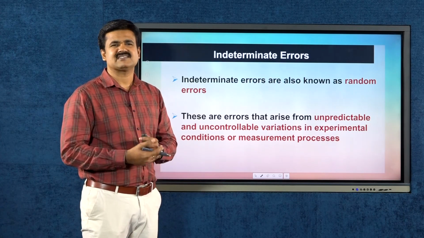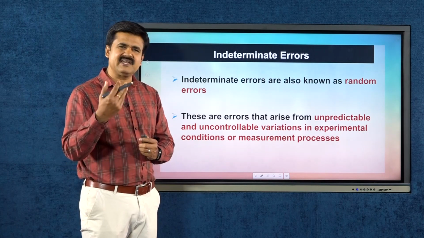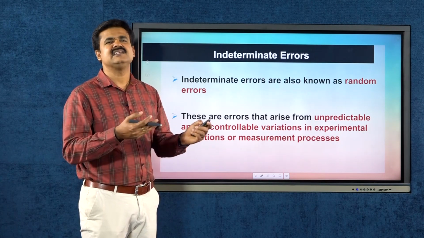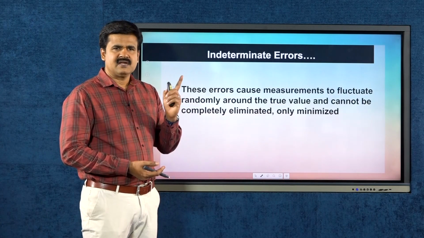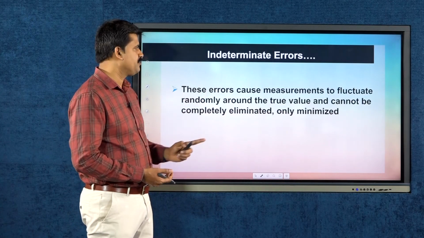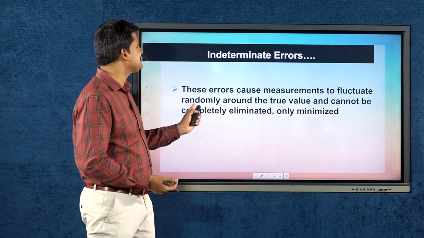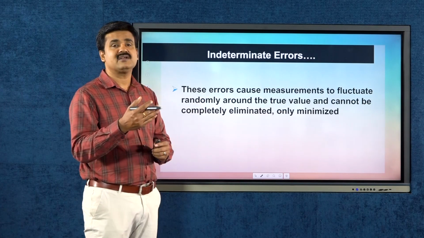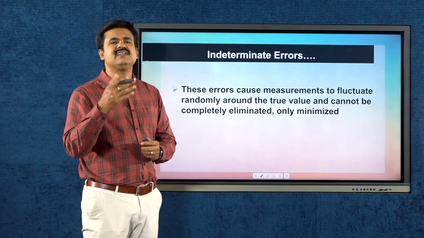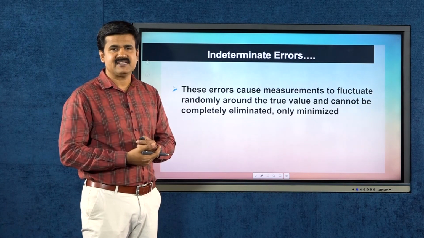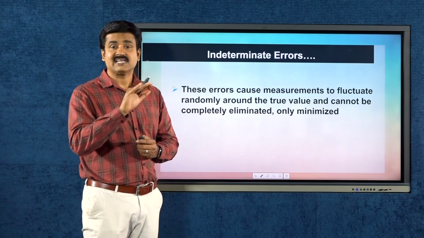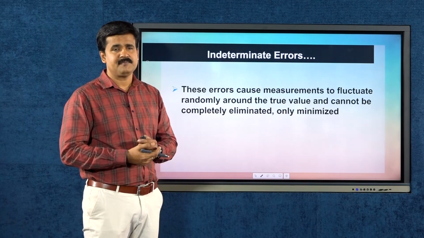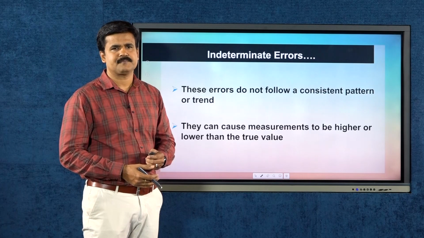These kinds of errors are unpredictable, and hence to some extent these errors are not rectifiable. These errors cause measurements to fluctuate randomly around the true value and cannot be completely eliminated, but to some extent you can minimize them. Eradication is not possible, but you can minimize it.